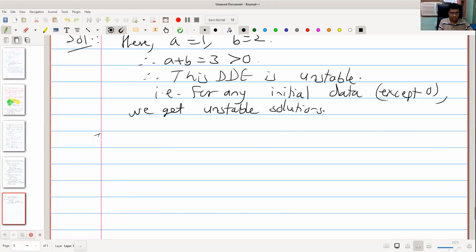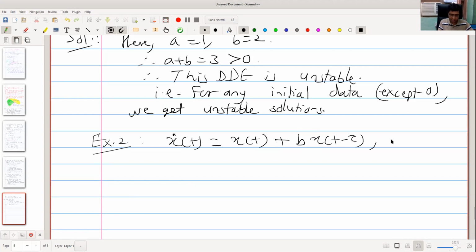Next example. Again the same question with a different DDE: x dot of t equals x of t plus some parameter b times x of t minus tau.